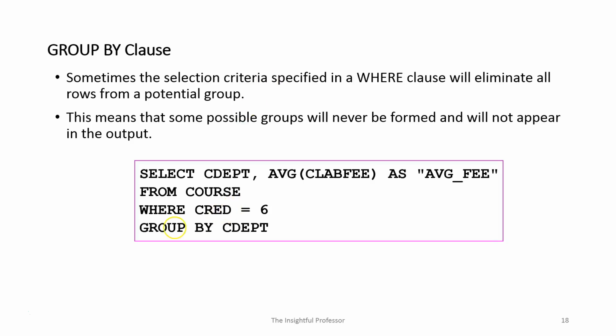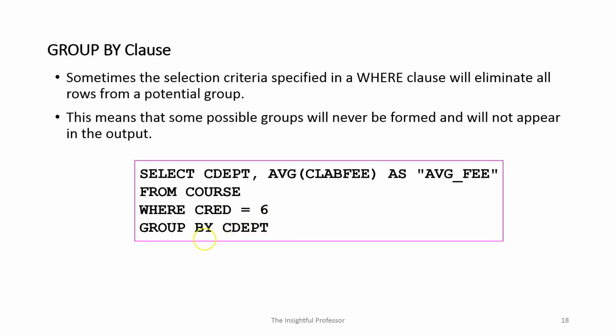Therefore, only the rows that make it over the hurdle, that is, that have passed the test of the where clause, will go into the group formation process. In this particular query, we're identifying those courses with a credit of 6, which means no 3-credit courses will participate.